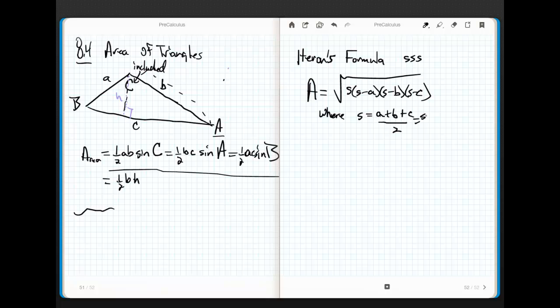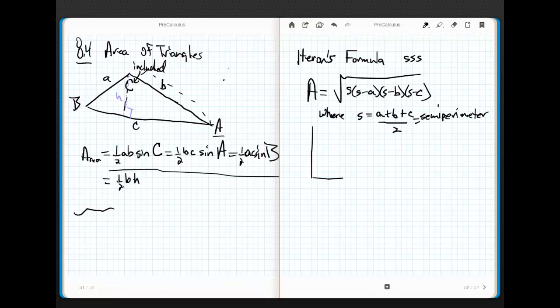This is affectionately known as a semi-perimeter, hence the S. Okay, so let's do one of these, because this can get a little bit nasty. Let's start with a right triangle whose area we already know.